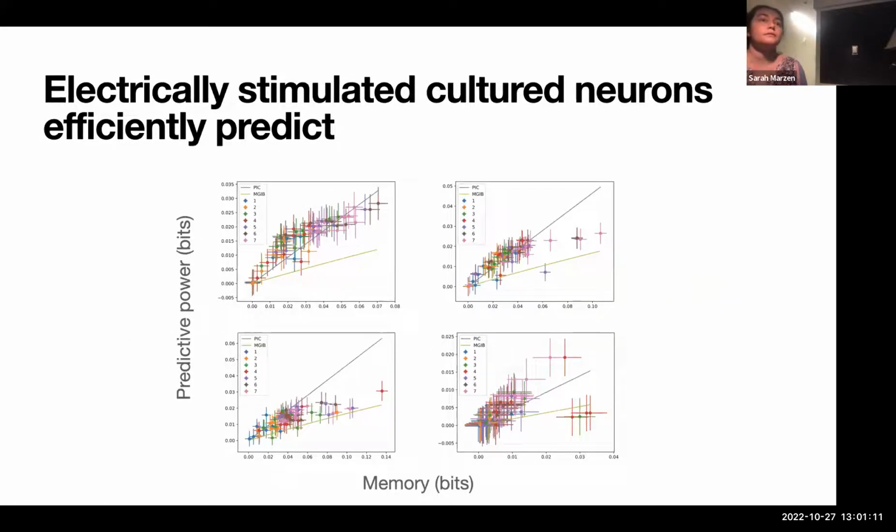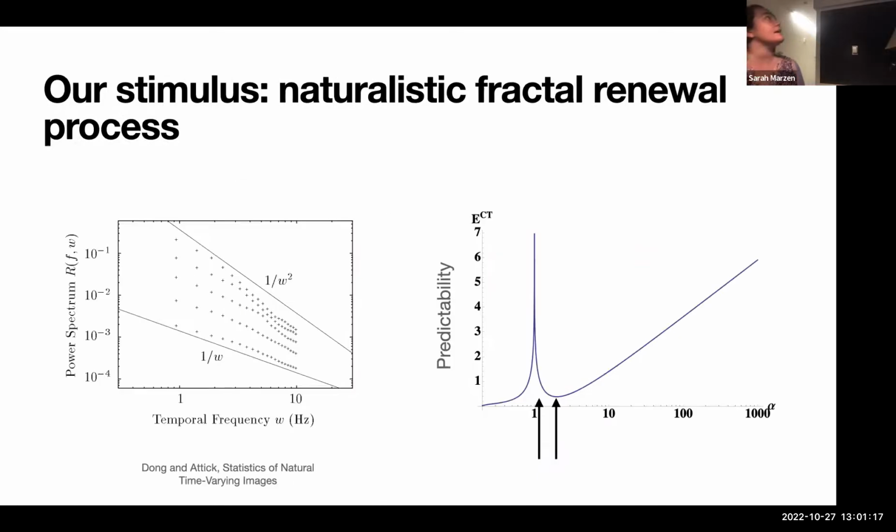So lower predictability just means a lower bandwidth of the power spectrum? This is a hard thing to interpret. This right here is the mutual information between the past and the future of your stimulus. It could be related to bandwidth if you have a Gaussian process, and maybe that's a decent way to think about it.